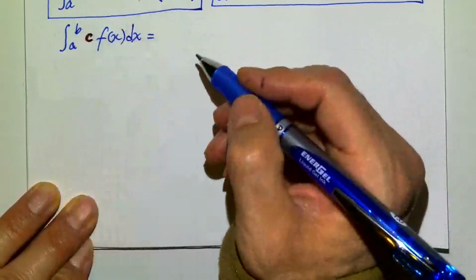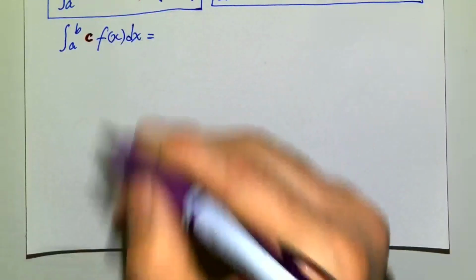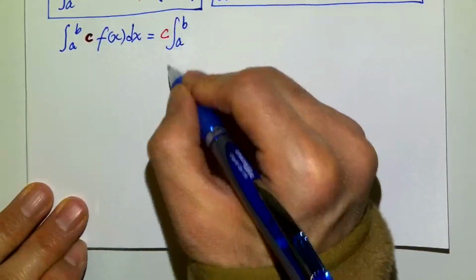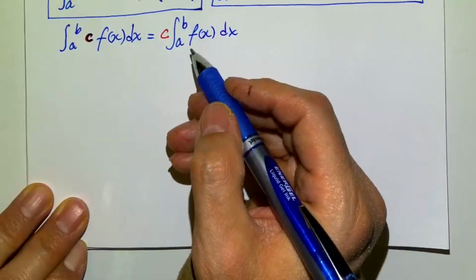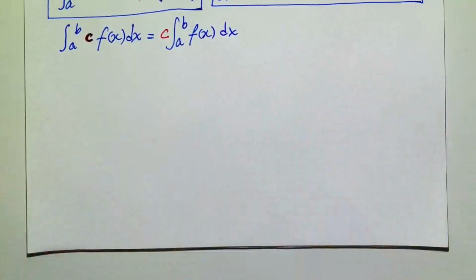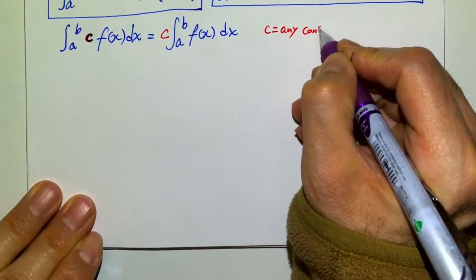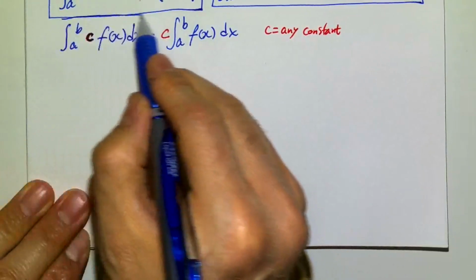It helps in the simplification of integrals, as you can see later. So then that c can come out in front and then multiply itself by the definite integral of f of x dx. Okay, and we can say c is any constant value. Okay, so that's another property.